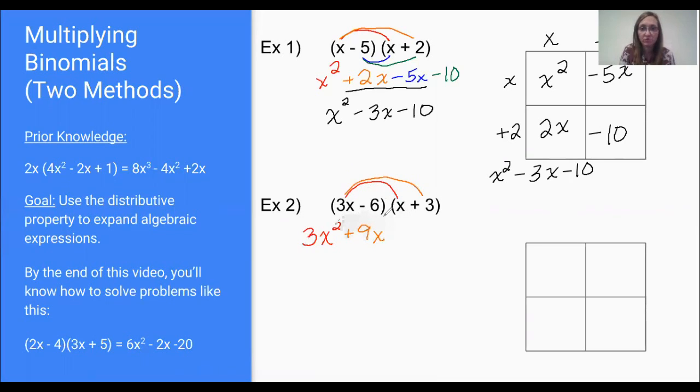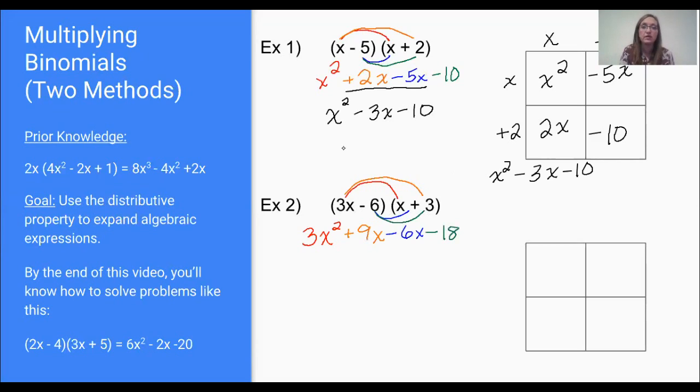And for this next one, we're doing negative 6 times positive x. So it's going to be a negative 6x. And then the last one is the negative 6 times a positive 3. And we'll go ahead and use a new color for that one. So negative 6 times positive 3 is negative 18.